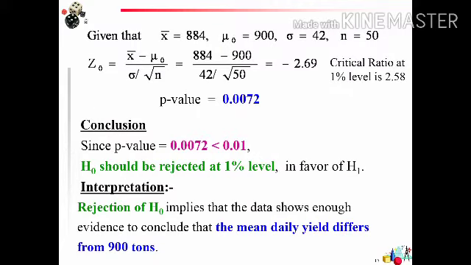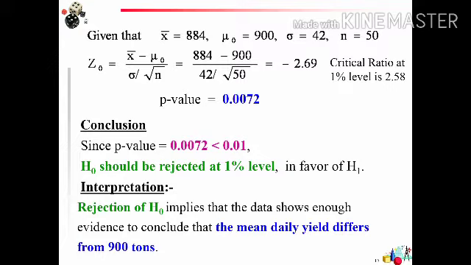Here the sample mean is x bar equal to 884, population standard deviation sigma equal to 42, specified value mu naught equal to 900, and sample size n equal to 50. Substituting these values in the test statistic, Z naught equals x bar minus mu naught divided by sigma by root n, equals 884 minus 900 divided by 42 divided by square root of 50. We get minus 2.69.